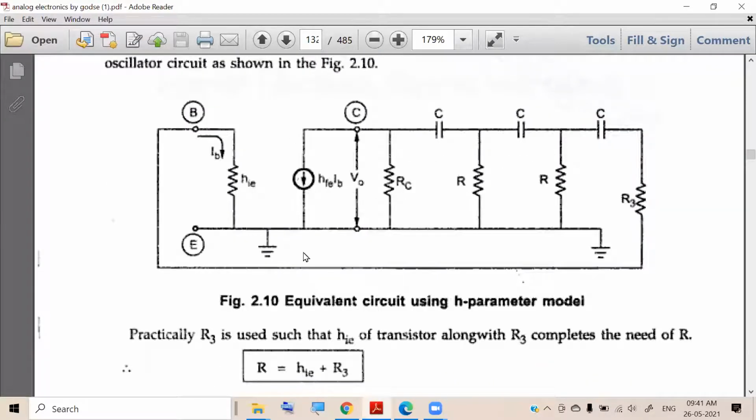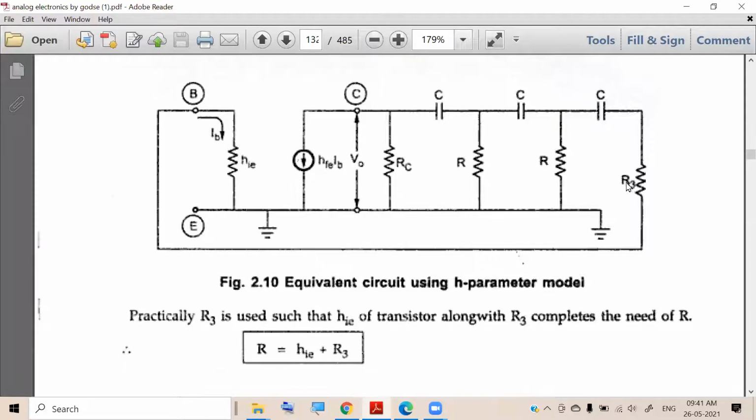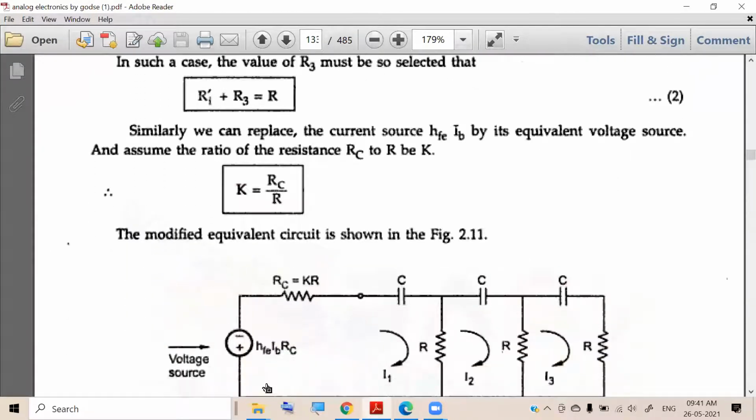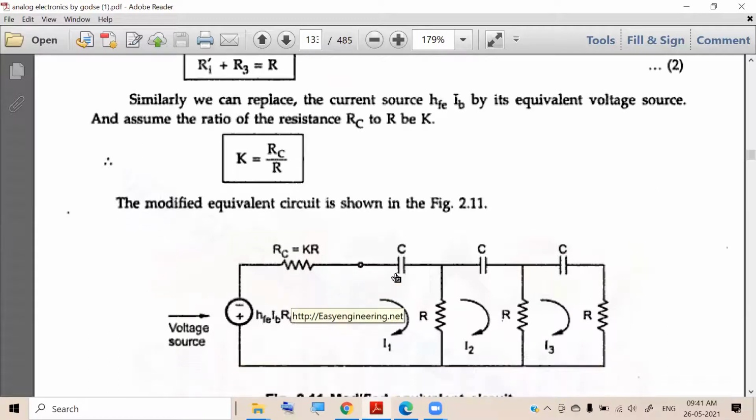We completed this part. Then the equivalent of R3 and HIE is R. So the voltage source in series with RC, then the capacitors.